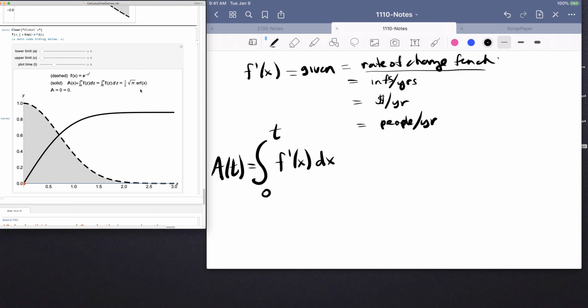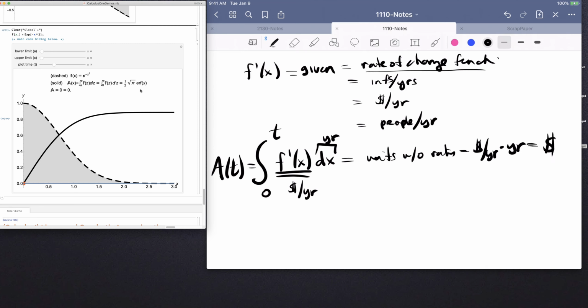Then this will have the units of, say, the units without the rate on it. And what I mean by that is if, for example, f prime of x was dollars per year, then dx would have the units of years, and the units without the rate would be dollars per year multiplied by year, which is equal to a dollar amount.